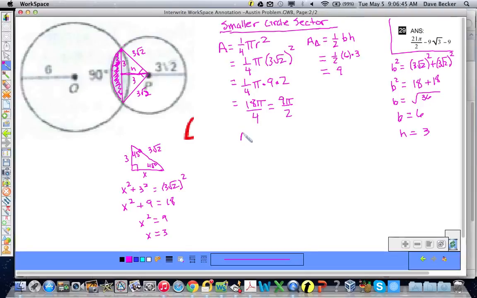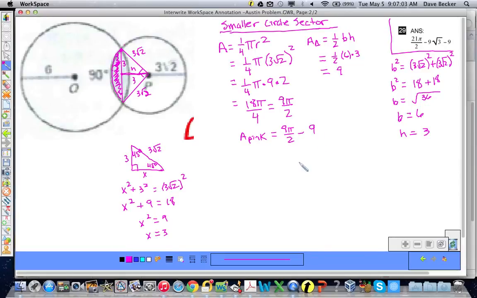The area of the pink section is equal to the entire sector, and I'm going to cut away the triangle, and I'm just left with that. So that would be 9 pi over 2 minus 9.